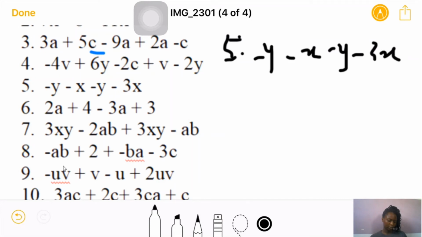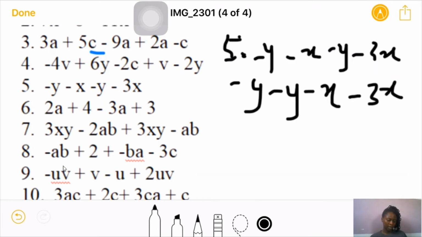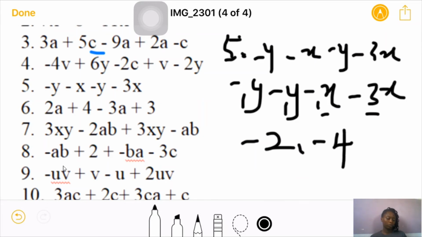So this is number 5. So grouping them, we have negative y, negative x, negative 3x. So I'm owing y, I'm owing 1, I'm going to borrow 1 again. So meaning I'm owing 2 now. Then I'm owing x, I'm owing 1, I'm going to borrow 3 again. So now I'm owing 4. So don't forget the y. So that's just it. So 4x.